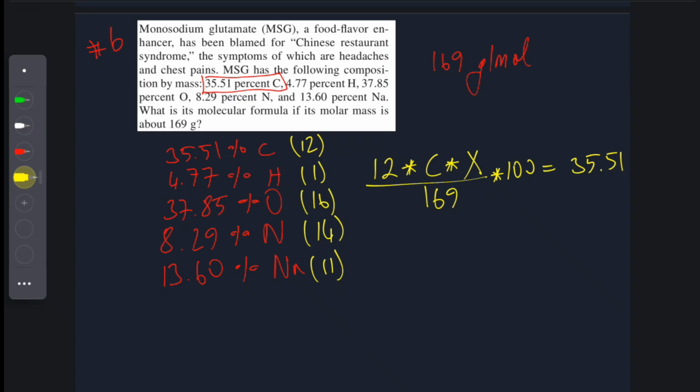So if you make the calculation, this X will be a number very close to 5. So there are 5 carbon.